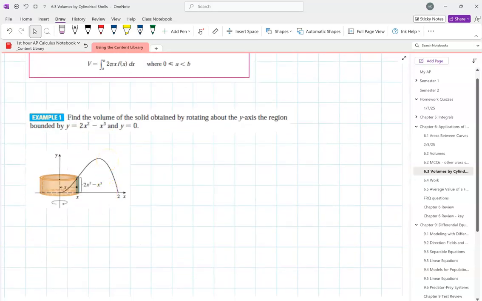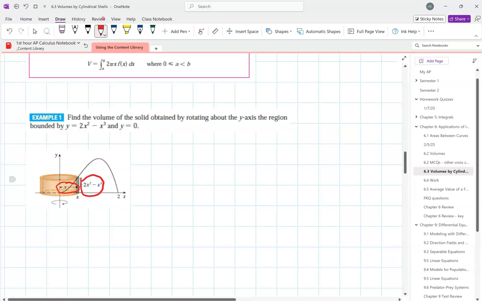All right, so let's go ahead and build out this guy here. If I take one typical shell, that's what we have here, that I've drawn in. This x is the radius for the shell, and the f of x is the height of the shell.